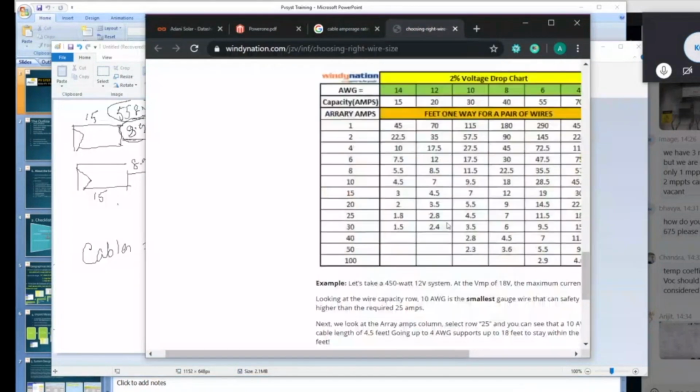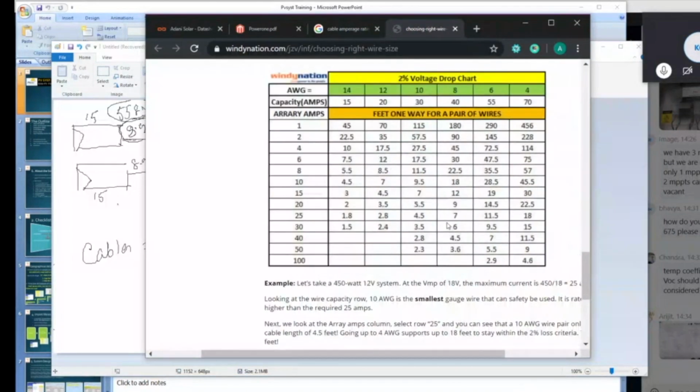Okay, from here guys, you can see that this is a cable chart. The second parameter in the cable chart is amperes: 15 amperes, 20 amperes, 30 amperes, 40 amperes, 55 and 70 amperes.